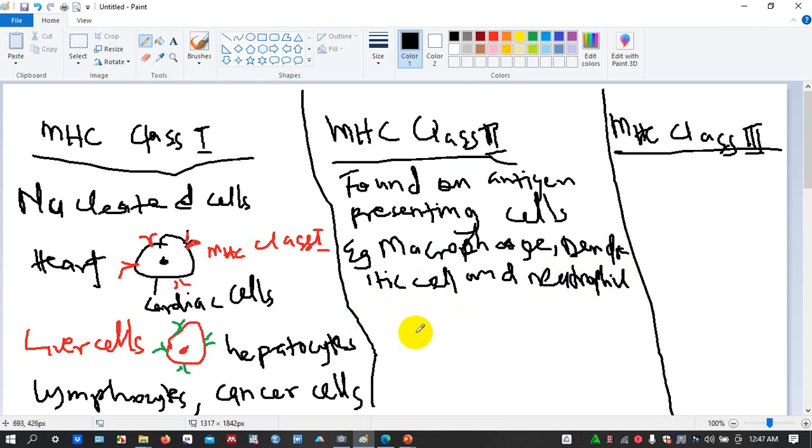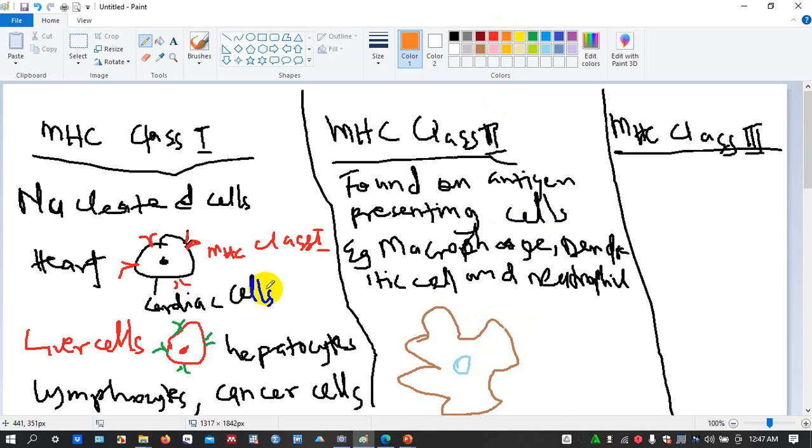So let's see on the surface of the antigen presenting cell. Let's say this is a macrophage, that is the very big cell, and this is the nucleus for the macrophage.